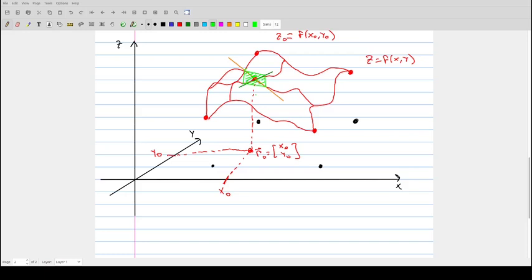We can't visualize a tangent plane in 4 dimensions, say, for a function of 3 variables. But the idea is that we can still define differentiability via this tangent plane, via what's called the linearization of the function. In some sense, this tangent plane is a linearization of this function around the point.